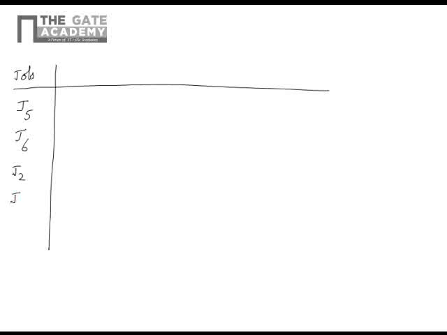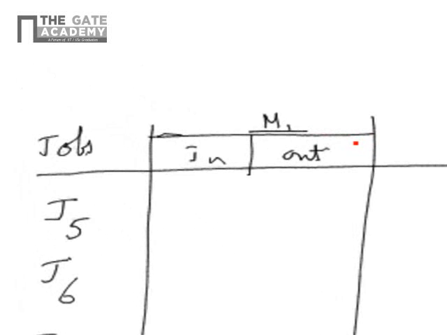We can take the initial table again. So M1, machine 1. Look at the machine 1 processing times in and out. I think if you need it, I will write the machine 1 processing time, then it will be clear for you to understand.